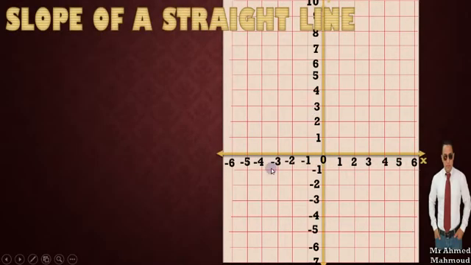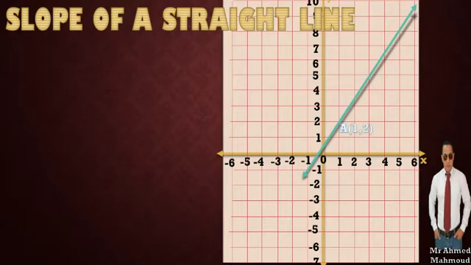Now, by looking at this graph, I'm going to draw a straight line like this. On this straight line, I'm going to choose 2 points. Point A, for example, (1, 2), and another point B, (5, 8). The point B appears like this in this position.